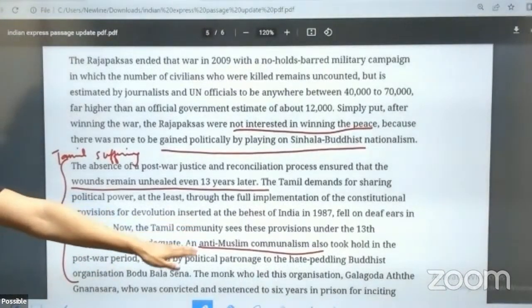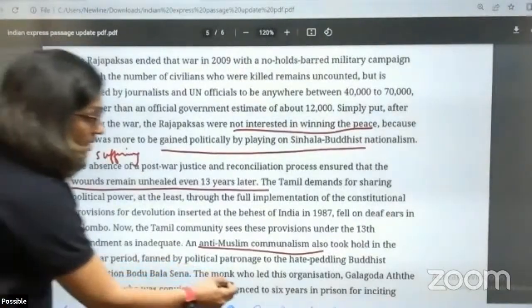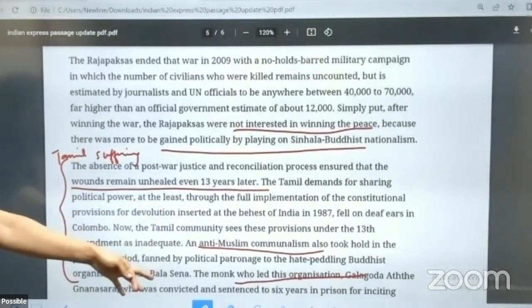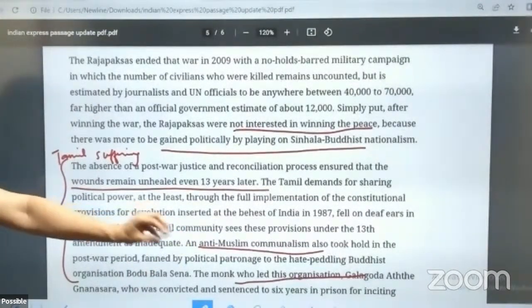Also, the author talks about other minorities suffering. There was an anti-Muslim communalism also, right? And there was a person, again a religious figure. Sounds familiar, guys? So something that you see also right now in your current situation in the country, that time Sri Lanka has already done it. There was a religious group, a leader.